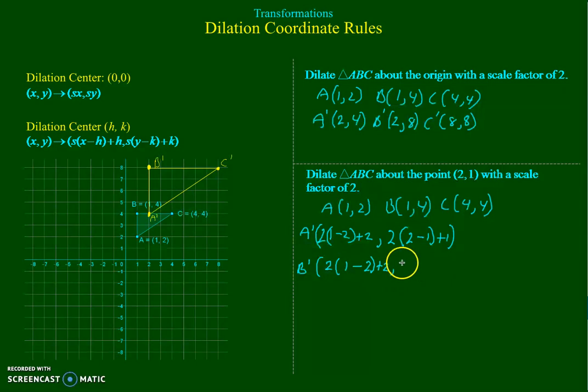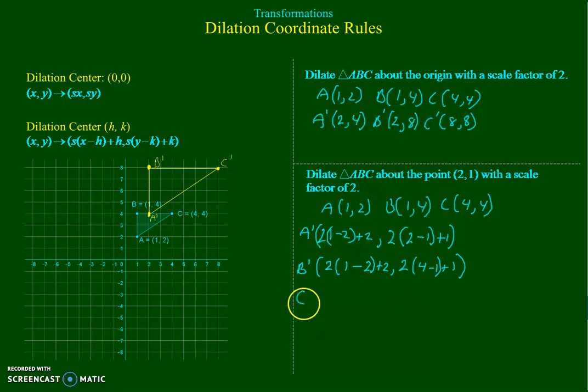Do the same thing we did here: 2 times the y-coordinate of this point minus 1 plus 1. Because we're subtracting the same y-coordinate from each one of the y's. So we subtracted off the x, x, y, y. And that gives us our x-coordinate and our y-coordinate.